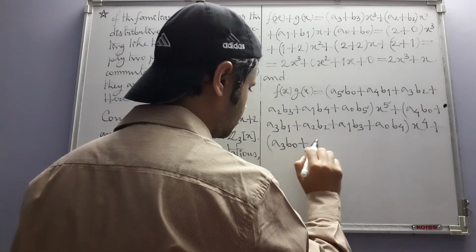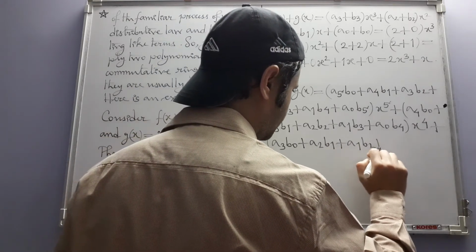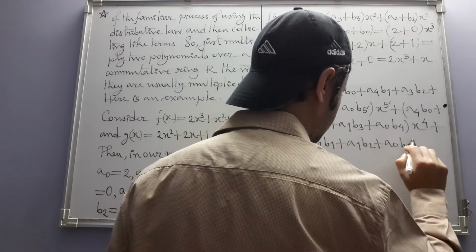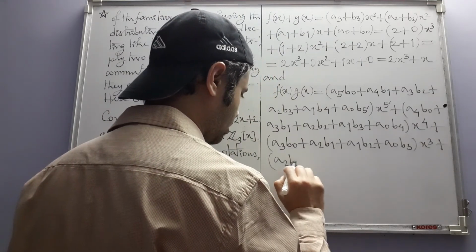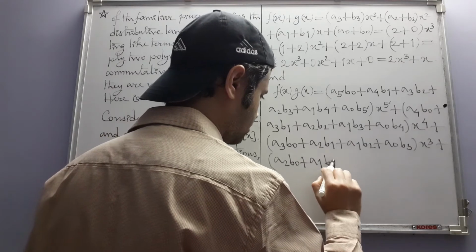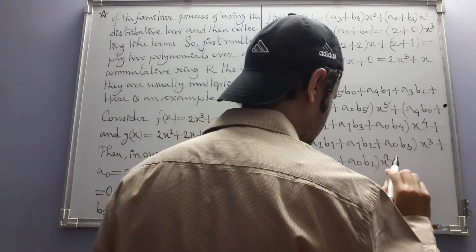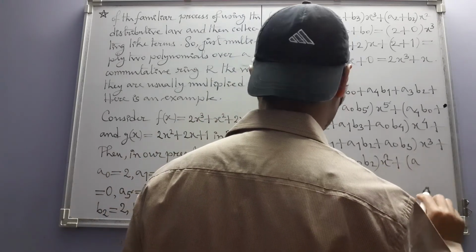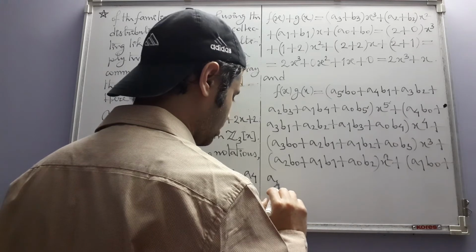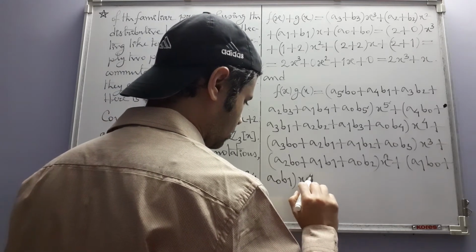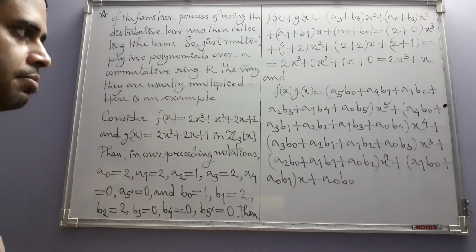A3 B0 plus A2 B1 plus A1 B2 plus A0 B3, times x cubed, plus A2 B0 plus A1 B1 plus A0 B2, times x squared, plus A1 B0 plus A0 B1, times x, plus finally A0 B0.